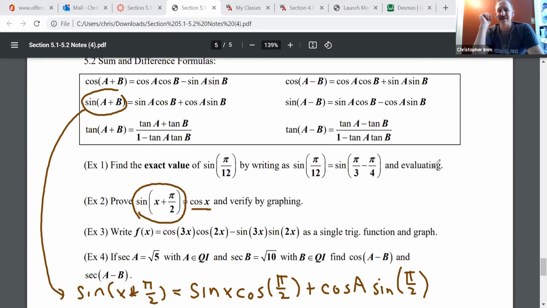Jay, what is sine of pi over 2? 1. Okay, so sine of pi over 2 is 1, and cosine of pi over 2 was what? It'd be pi, or no, not pi. 90 degrees? I'm so lost now. Okay, so you're thinking of the angle, which is good. So you're tracking the angle. So pi over 2 gives us 90 degrees, right? But we're looking for a ratio.